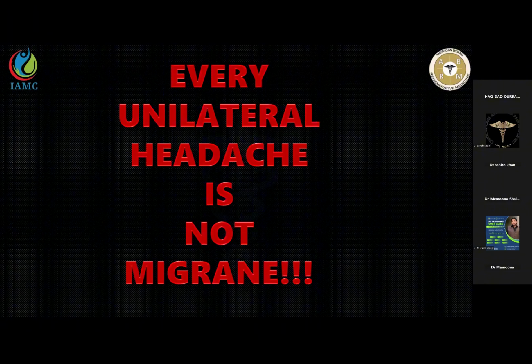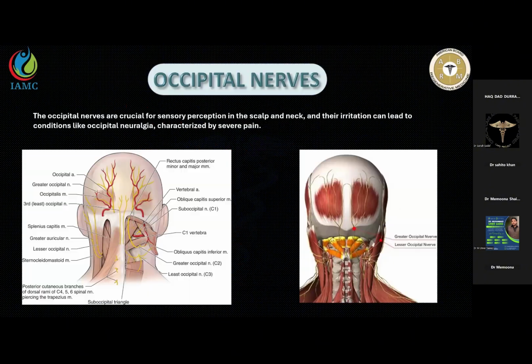So let's begin with the core topic: what are the occipital nerves? Occipital nerves are crucial for sensory perception in the scalp and neck, and their irritation can lead to conditions like occipital neuralgia. In this slide, we have a picture which shows the capitis muscles. These are around the neck, and the occipital nerves run under or in between them.